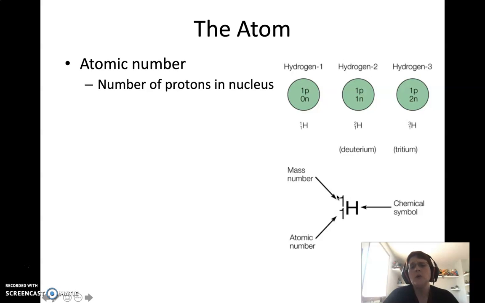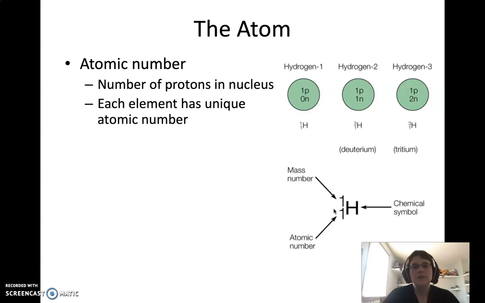The mass number is always going to be bigger than the atomic number, and we'll talk about why that is. The atomic number, though, will always tell you the number of protons in the nucleus. And that's just how the elements are arranged, and we'll see how they get laid out on the periodic table here in a little bit.